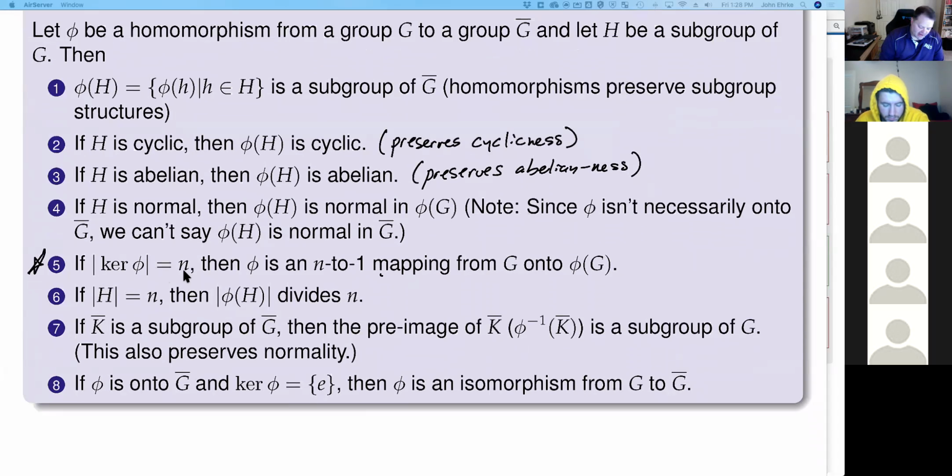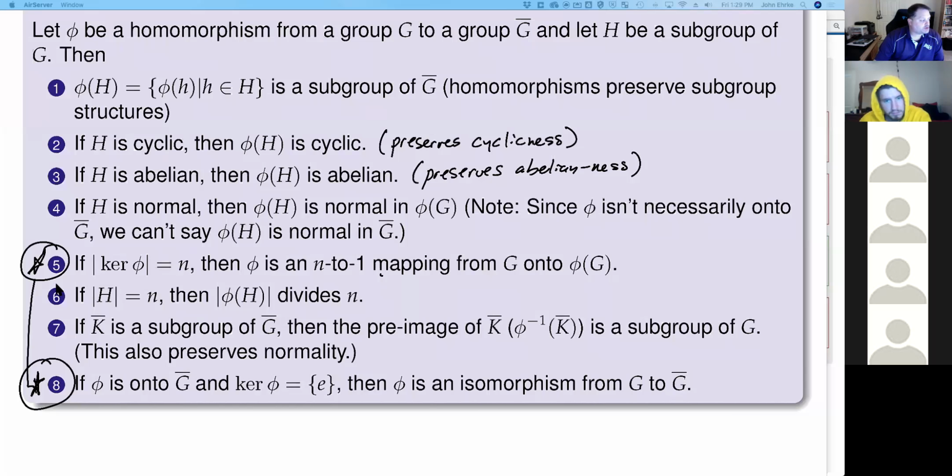So if you take 5 and pair it with 8, these are two of the most important properties here. It tells you that if your kernel has only the identity element, then the homomorphism is actually an isomorphism. So if you create a mapping from one group into another, and that mapping's kernel is only the trivial element, then the mapping must have been an isomorphism. Now you have to have that the homomorphism is onto, right?